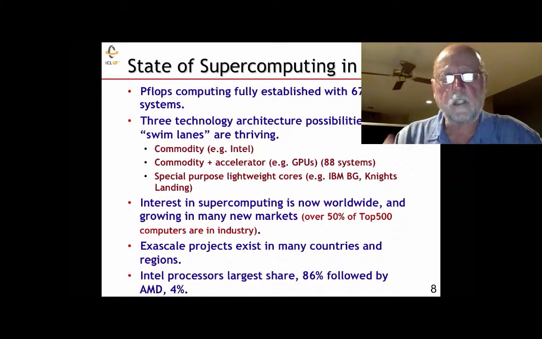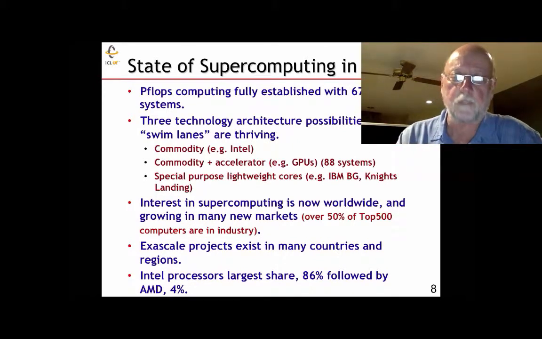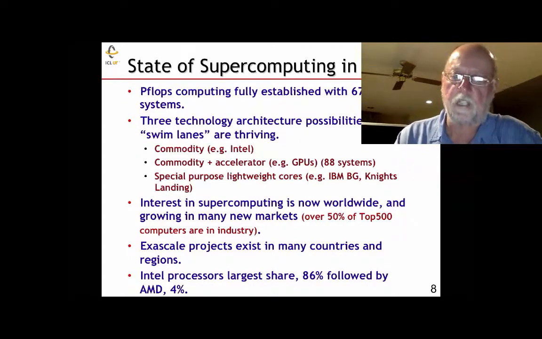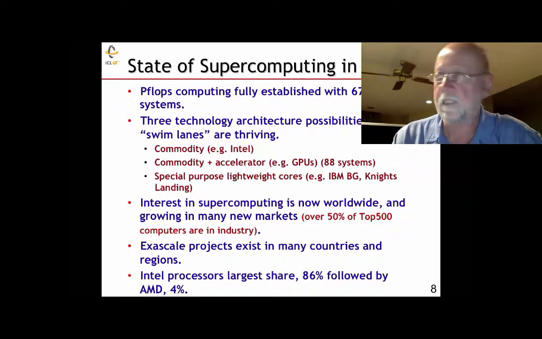Today, we see an increased interest in high-performance computing worldwide. We see high-performance computing being deployed in the US, in Europe, in Japan, in China. One thing that's interesting here is that over 50% of the 500 fastest computers are in industry. So industry sort of gets it.